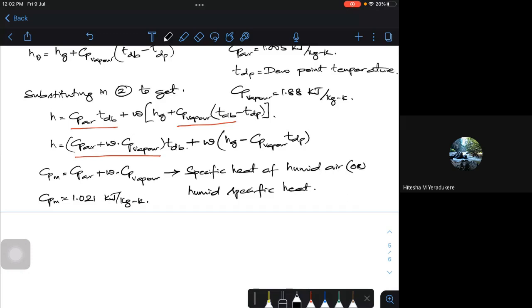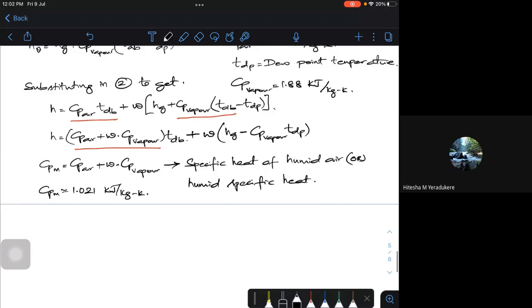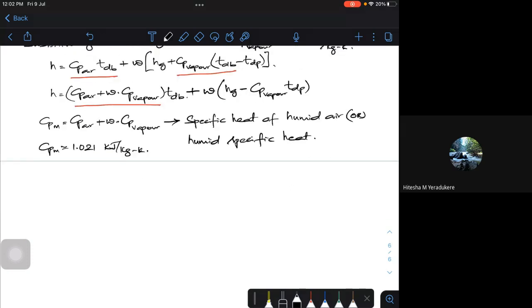Okay, if I try to go with your dry conditions and substitute this, then your H is equal to Cp of air into dry bulb temperature plus omega into (Hg minus Cp of vapor into dew point temperature).